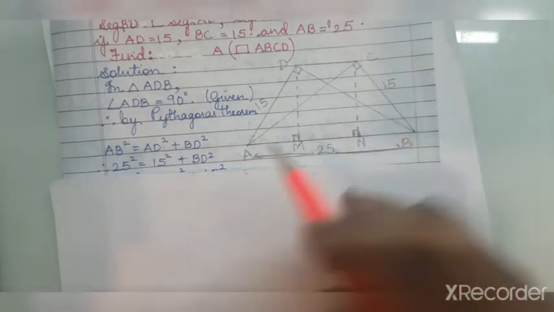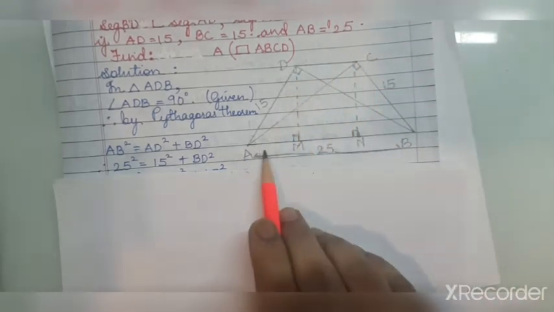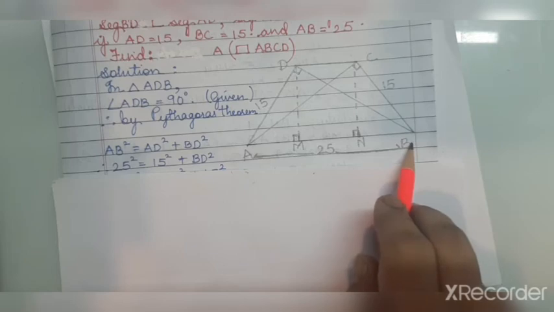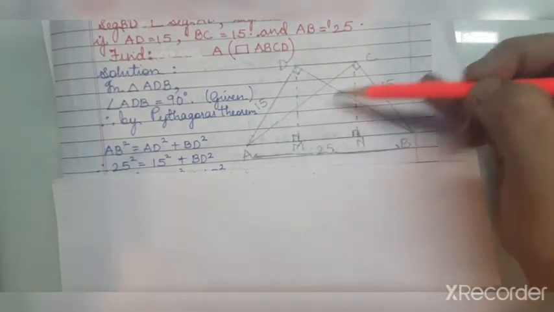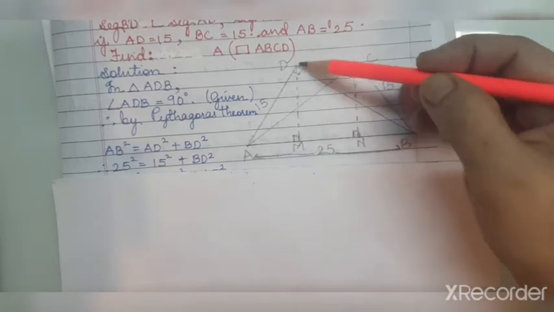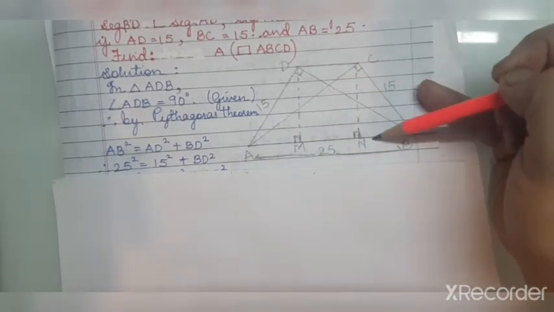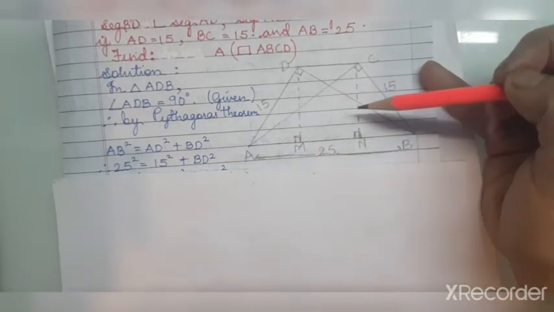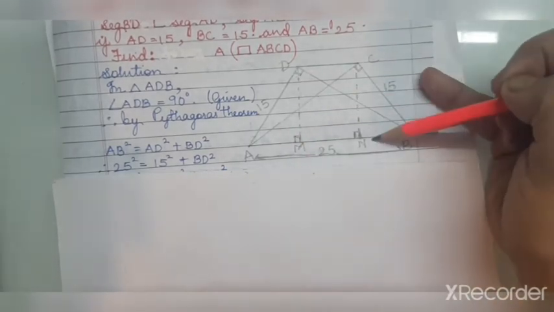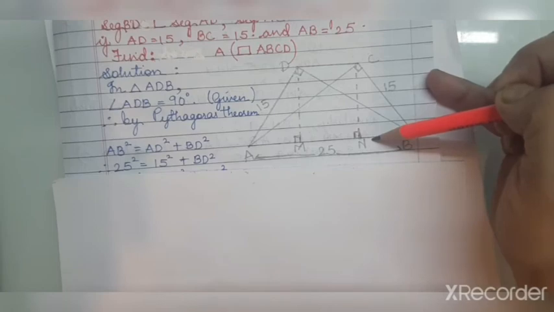Now in this case the parallel sides are CD and AB, and the height is not given, therefore we have assumed this height. Both DM and CN will be the same. The distance between two parallel lines, whether it is DM or CN, will be the same. We have studied this in the first lesson also.